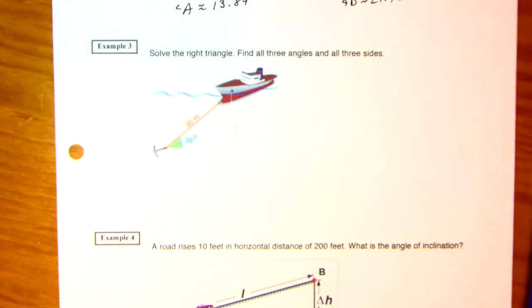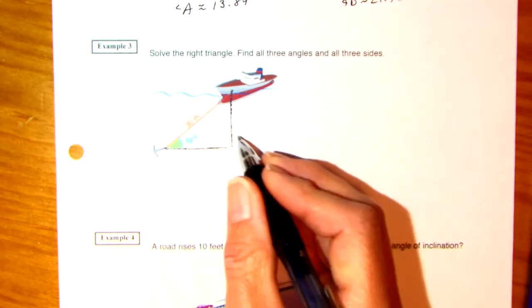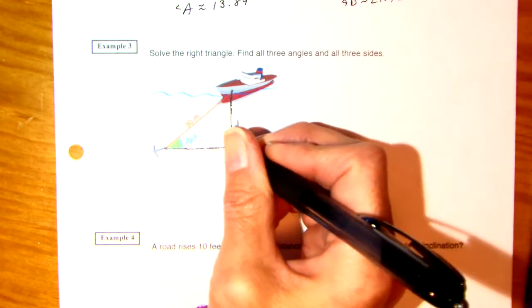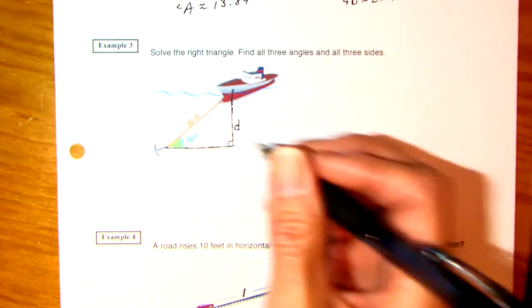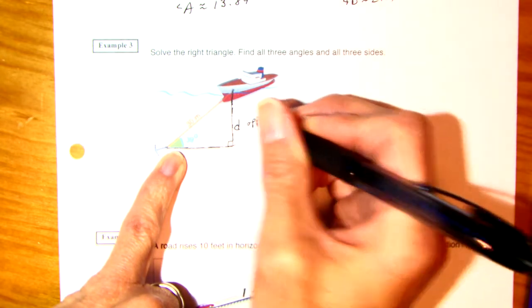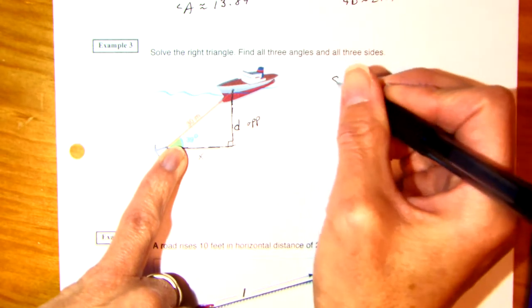Solve the right triangle. Find all three angles and all three sides. Okay, so here we go. I don't know if you could see that in here. This is the depth. Okay, this is a right angle. All right, so let's first find D. So according to that angle, this is opposite. We'll call this X. Let's use sine.